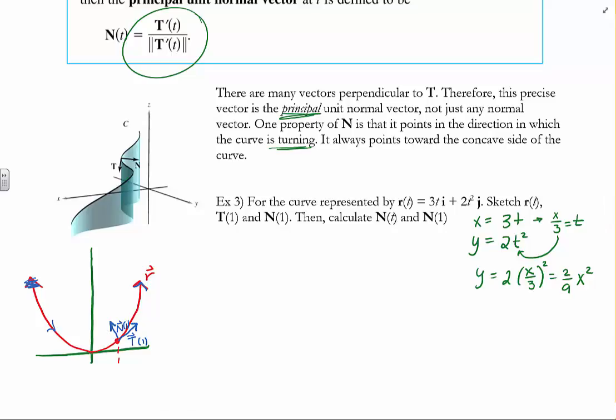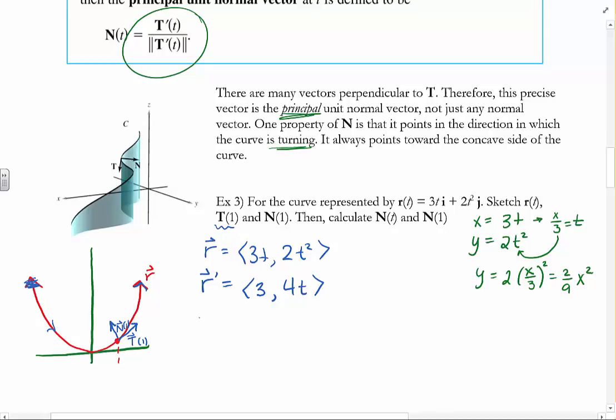Okay, fine. So let's do T of 1. We're going to calculate our r primes because I need them to get N. So r was 3t, 2t squared. And that makes r prime 3, 4t.